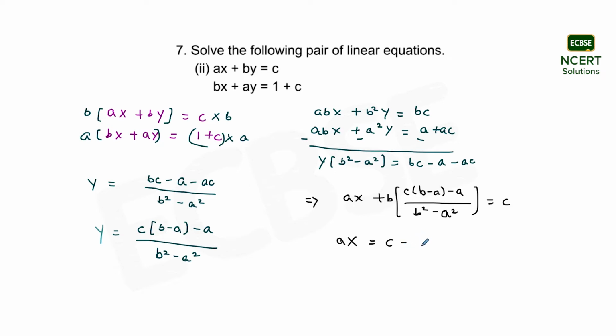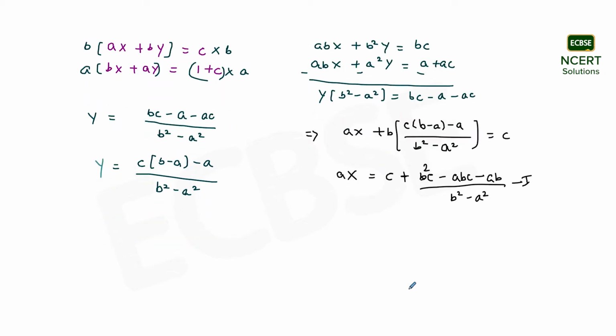So here it will be c minus, b into cb, that is minus b square c, minus abc, minus, here it will be plus, right, minus ab, divided by b square minus a square. So this will be the first equation. Now I need to solve this equation in order to get the value of the variable x.